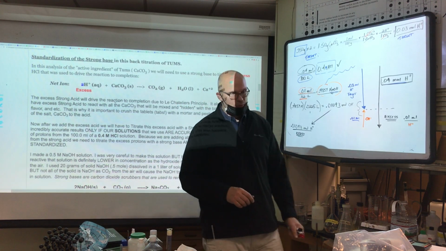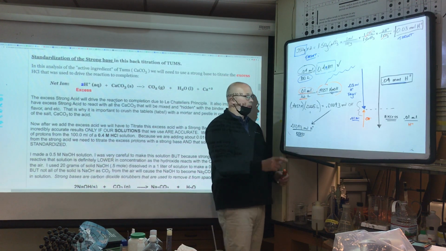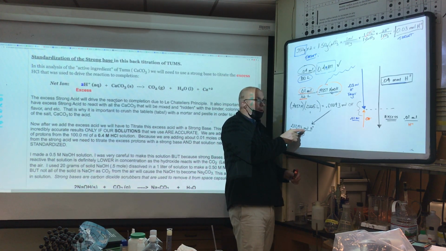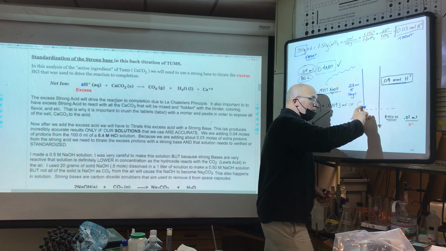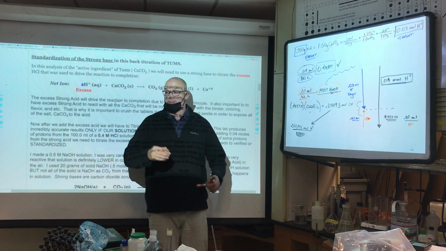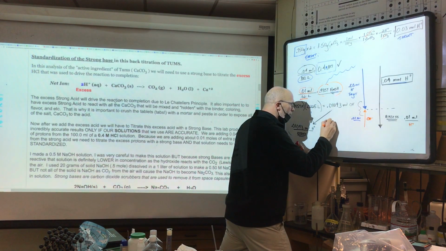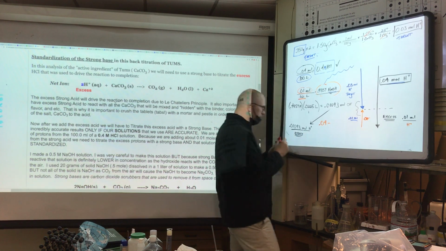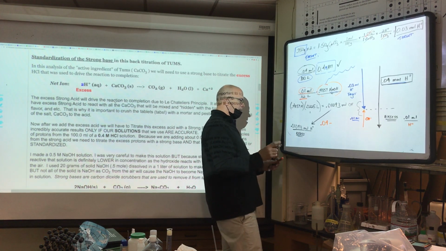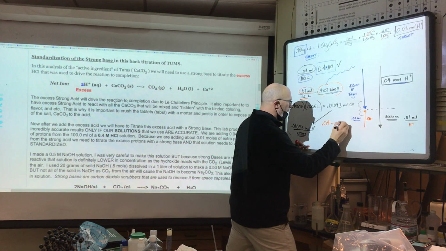So, okay, what do I do with that? You added 0.04. I want to subtract 0.01093, the back titration, to know exactly how much H pluses I added. So I'm going to take 0.04 minus my excess back titrated amount, 0.01093.